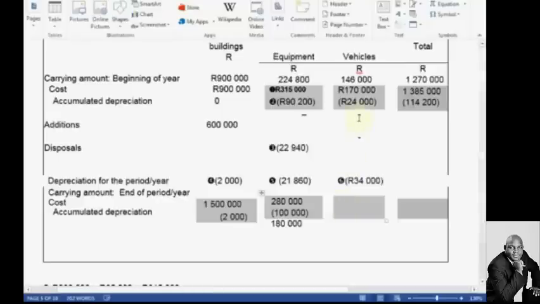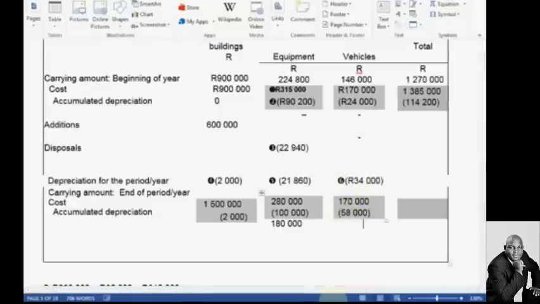Okay, then we go to the last part. Same thing applies. You can get your cost, right? It's very easy to calculate. Your cost price, because what happened here, you didn't do much during the year, right? You didn't sell anything, so your cost price will stay the same. And then you know your depreciation will be 24,000 plus 34,000, which will give you 58,000 bracketed.